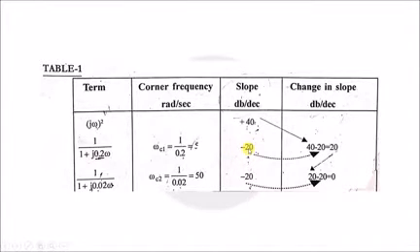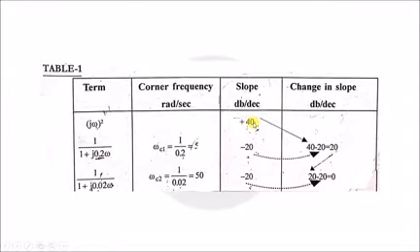We have studied this thing. So if the slope is minus 20 dB, and previously it was plus 40 and now it is minus 20, then what will be the change? The change is 40 minus 20. When you add these two, we get the change, that is 20 dB.